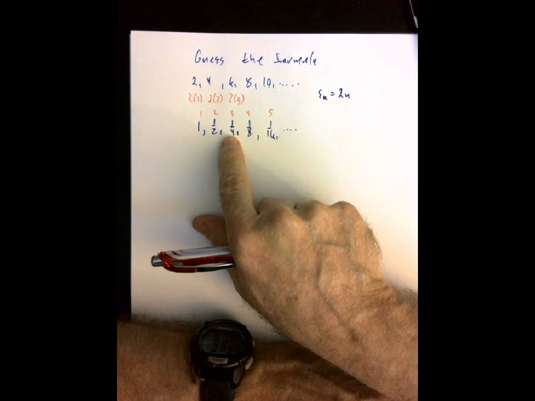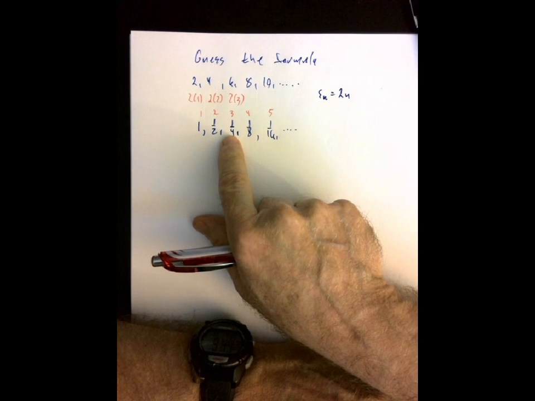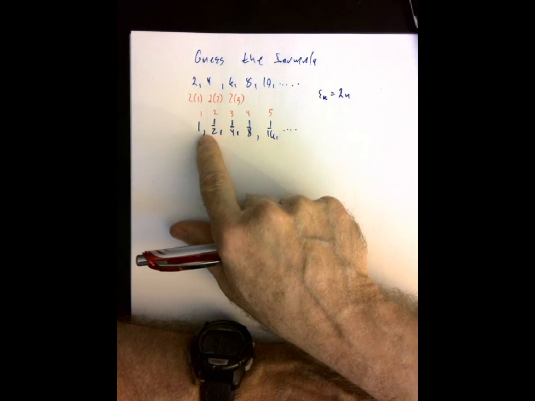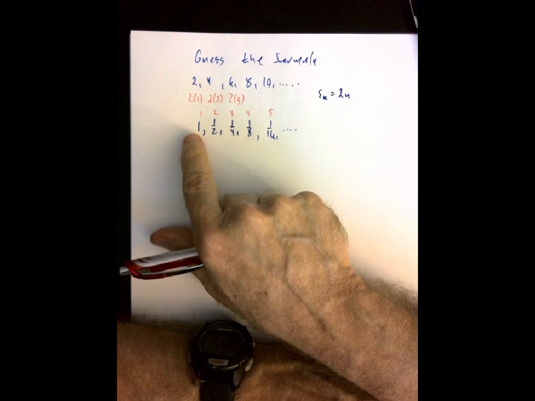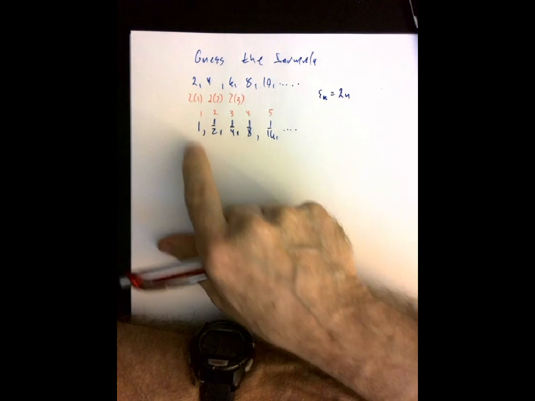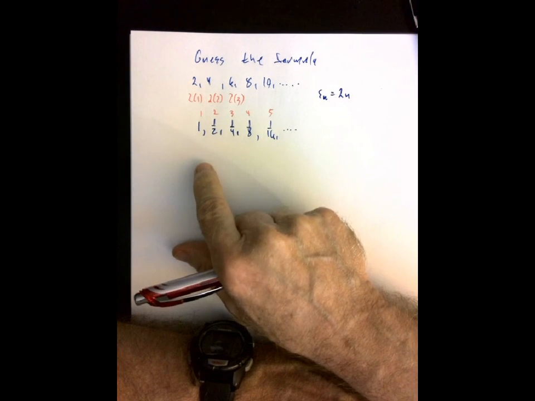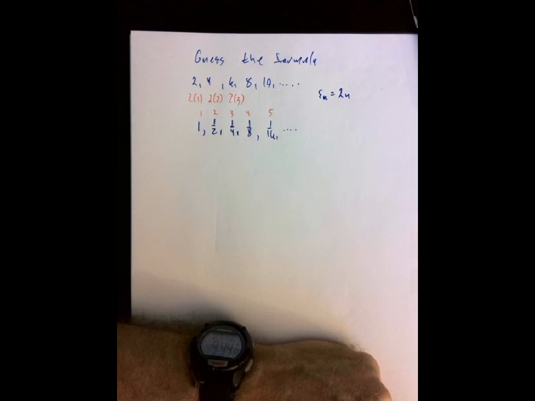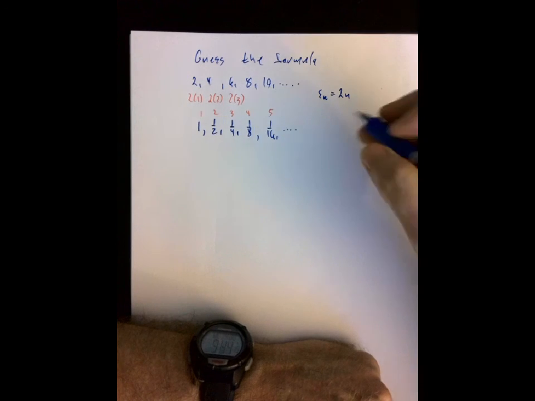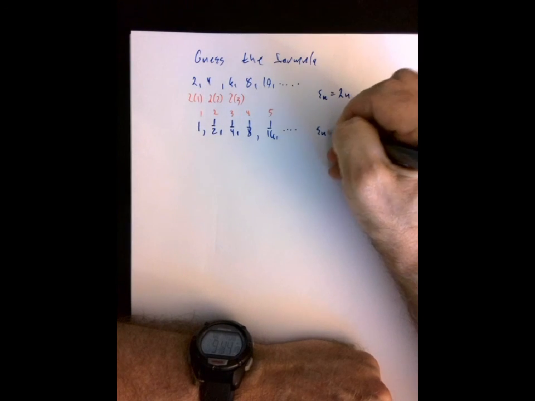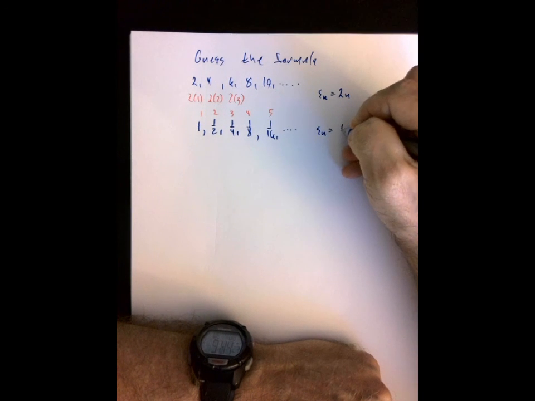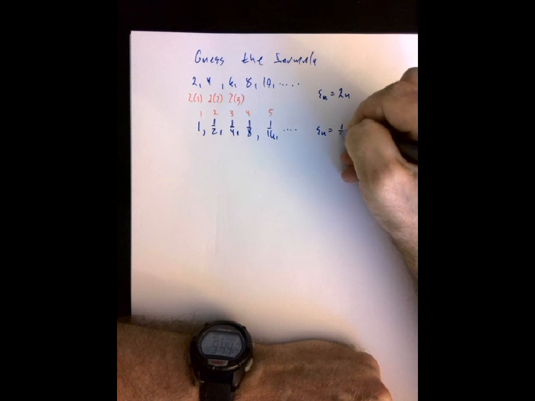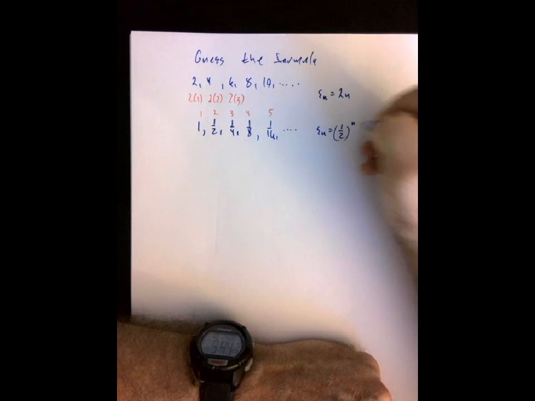You might remember this from our radioactive decay problem, where we start with a certain number here and multiply each succeeding number by 1/2. So the first number is multiplied by 1, and then multiplying and so on. So it turns out that this one is S of n equals 1/2 to the n power.